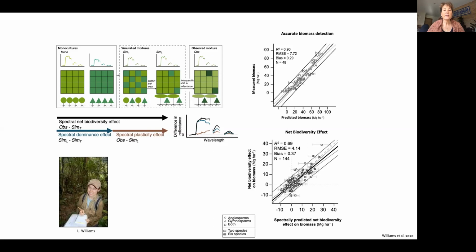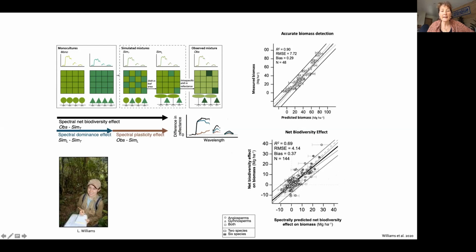And so using those spectra from monocultures, simulating what mixtures would look like if they grew the same way in mixture as they do in monoculture, and then comparing those to the observed spectra in mixtures, she was able to show, using remotely sensed information, this evidence for the spectral biodiversity effect. And the actual measured biodiversity effect on the ground, she was able to predict from remotely sensed spectra.